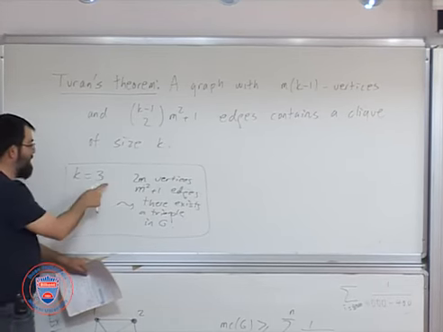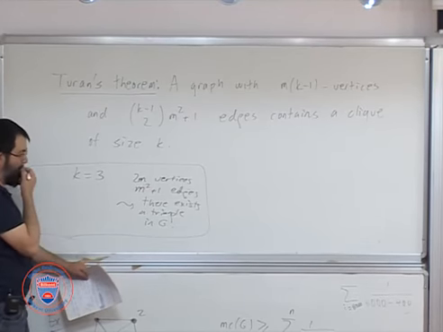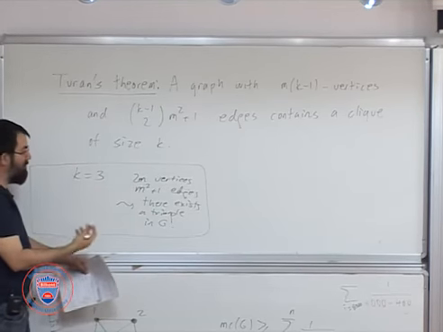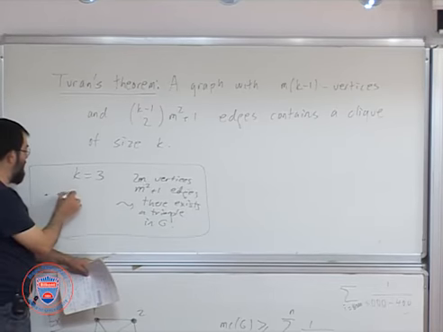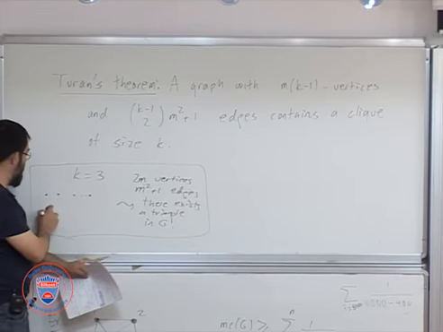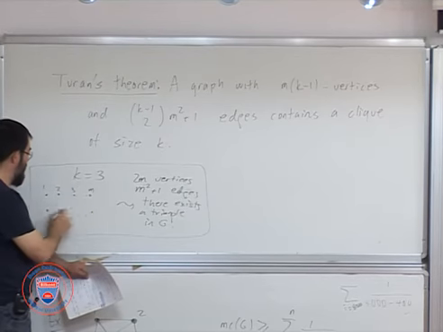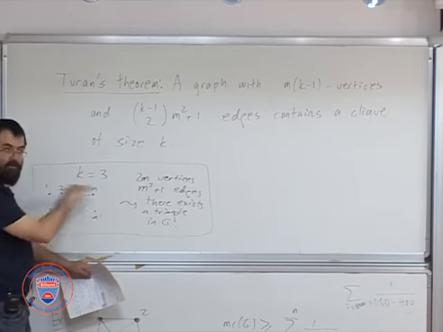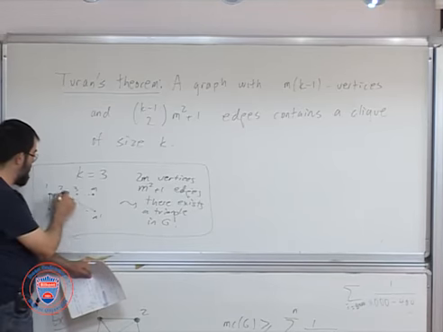But if you remember with this one, we had an example where if you didn't have m squared plus 1, but only had m squared, then you could have a graph with no triangles. And the way you obtain that was to put 2 lines of vertices and only edges from one line to the other one.